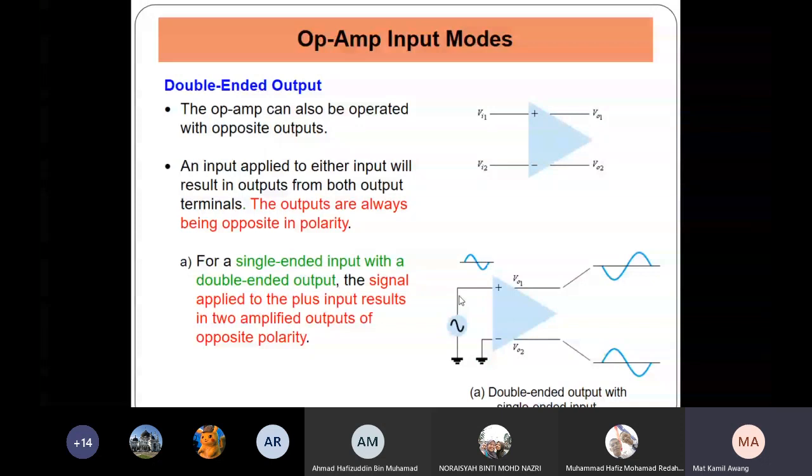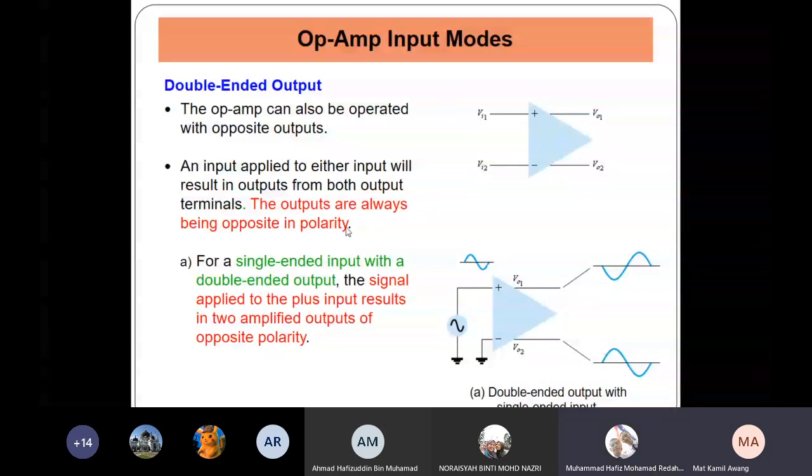Now, another one is the double-ended output. So you have two outputs. It can also operate with opposite outputs, one plus and the other one minus.